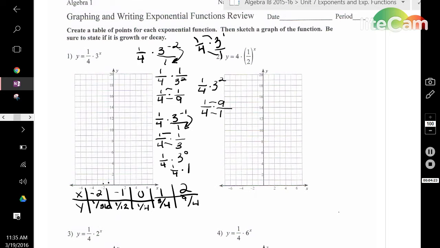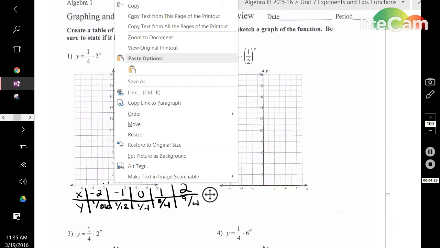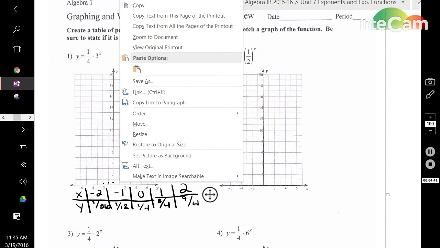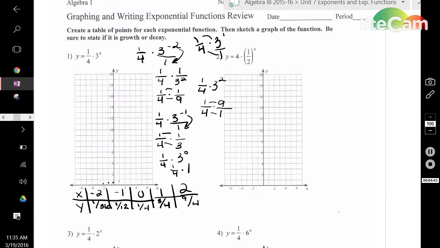For 1/4, 4 does not go into 1. It's still between 0 and 1, but it'll just be a little bit higher. Once again, 4 does not go into 3, still between 0 and 1, just again a little bit higher. Now for 2, 4 goes into 9 twice with some left over, so it should be somewhere between 2 and 3.